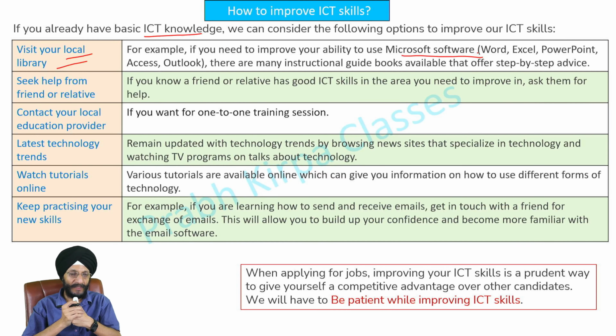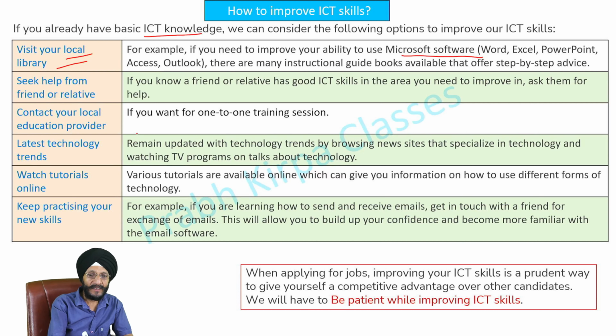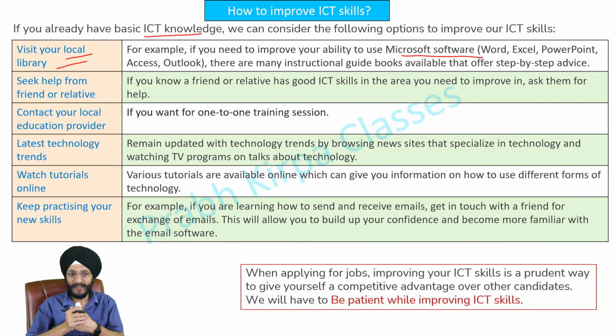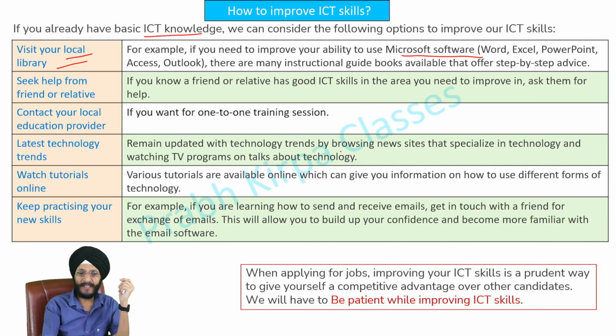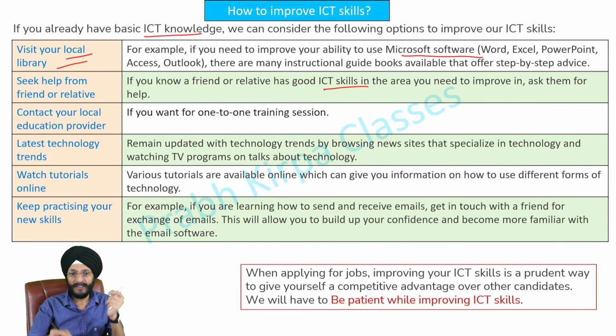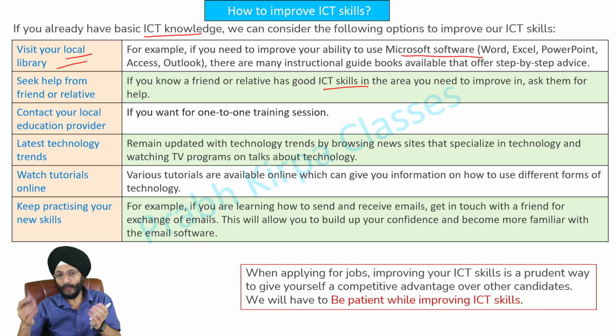The next tip. Another important point: we can seek help from a friend or relative who may be good in the ICT skills in the area you need to improve in.